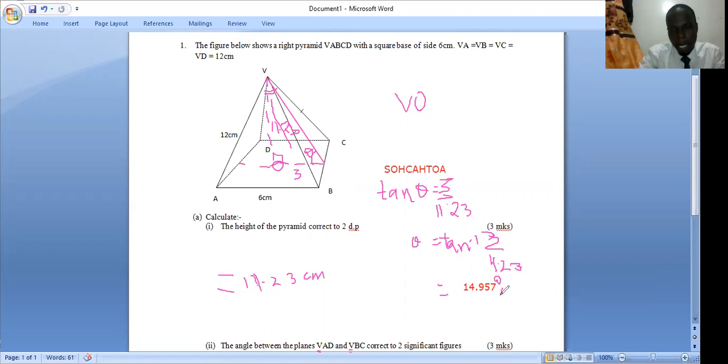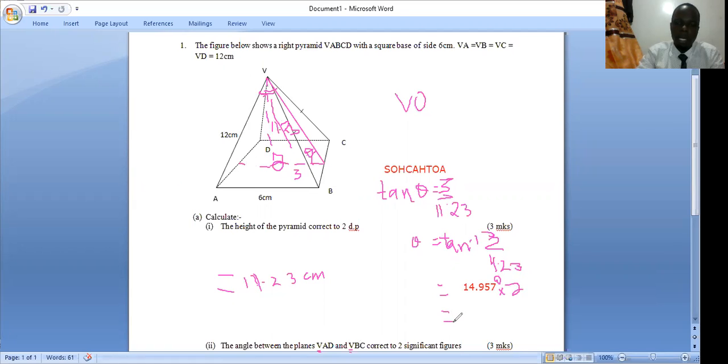But look at this. We wanted VAD. Look at that angle. It means that we must also include the other one that is remaining on that side. So we multiply that by 2 because we only found 1.